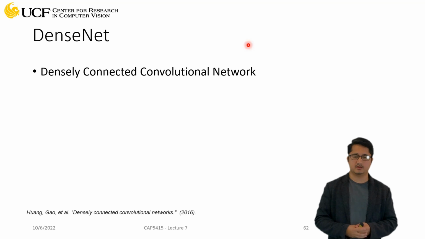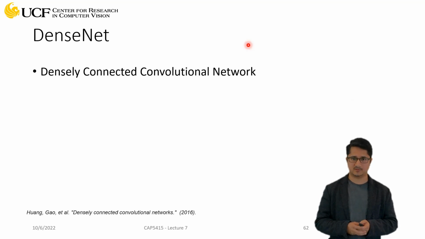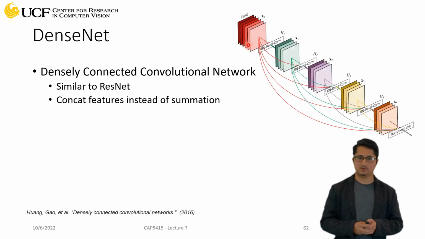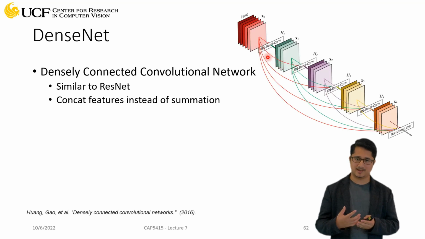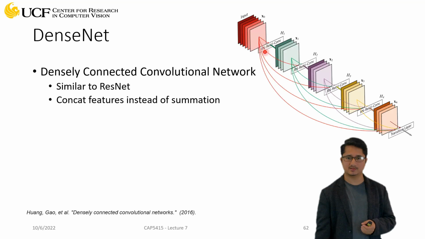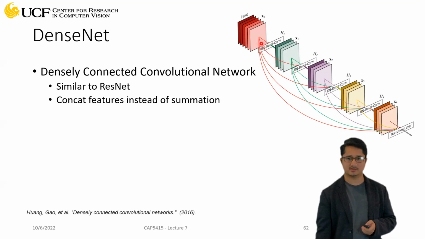Now, another category is DenseNet. And this is, you can say, an extension of ResNet, but in a more aggressive way. What it's trying to do is not just create skip connections at some of the places, it's trying to make these connections in all the possible ways. The idea is you create these groups of convolutions. So if this is 4, it means you have 4 different convolution layers.